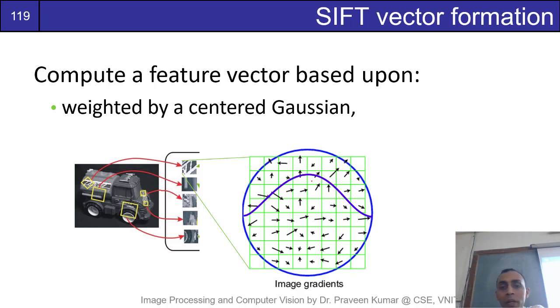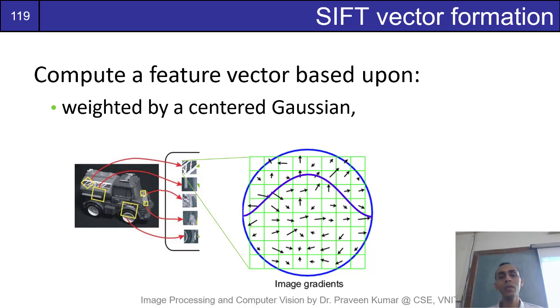So again, we will do some kind of smoothing here, and the purpose of smoothing is this: as we said, when we detect key points in our new image, it may not always happen that it lands precisely at that same location. It may be shifted, translated a little bit here and there. So a little shift should not make so much change in the descriptor. Smoothing takes care of that.